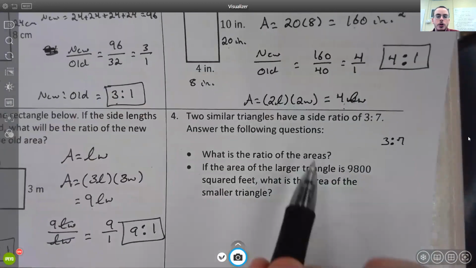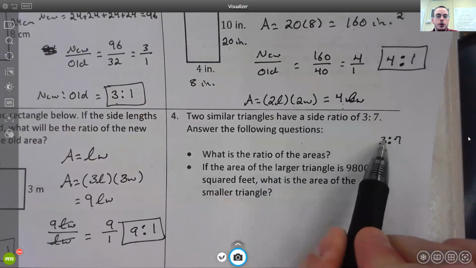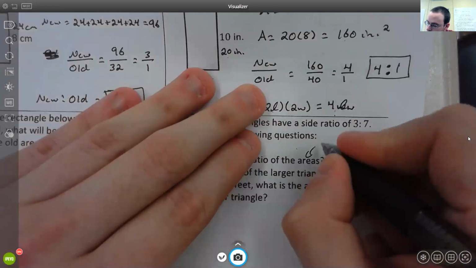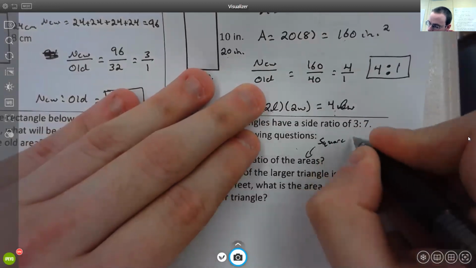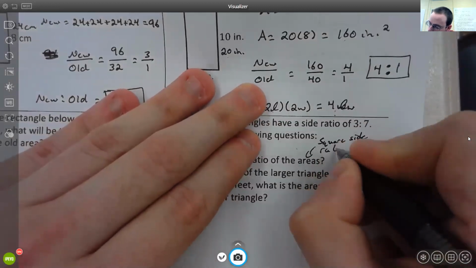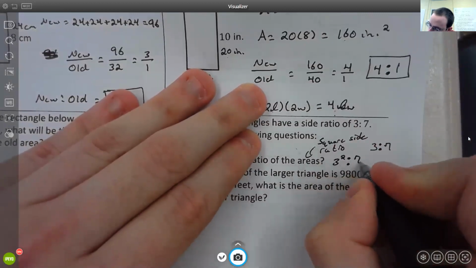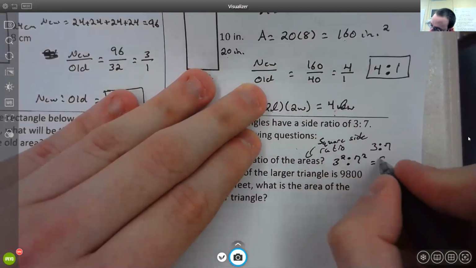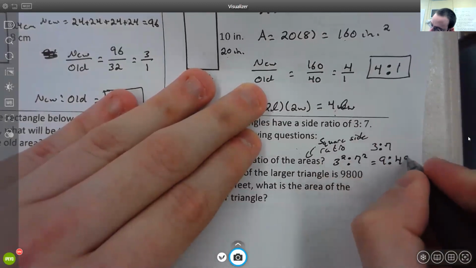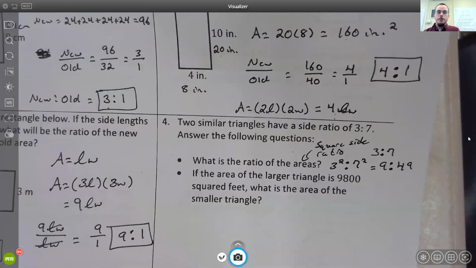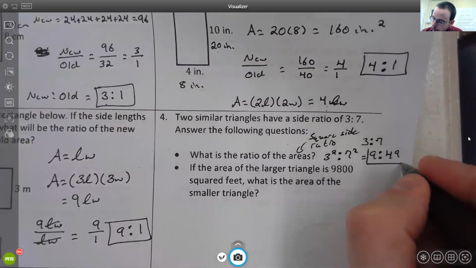So that means to get to our areas, we need to square our side ratio. So if we do that, we get 3 squared to 7 squared. 3 squared is 9. 7 squared is 49. And that would be our ratio of the areas.